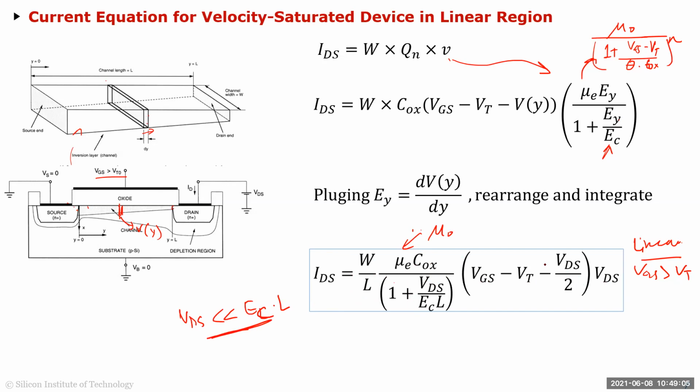This was our original equation. So all you had to do is add these two correction terms. We add a correction term to the mobility, and then we added a correction term for the velocity saturation, and that gave you an approximate equation for your short channel and thin oxide device.